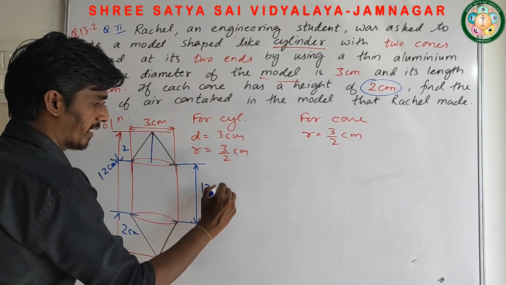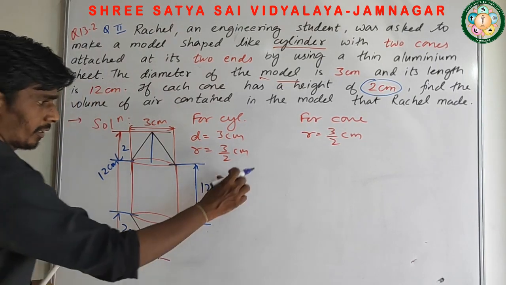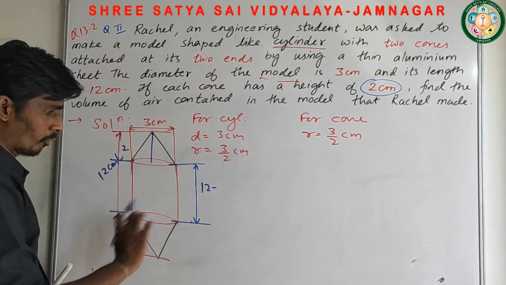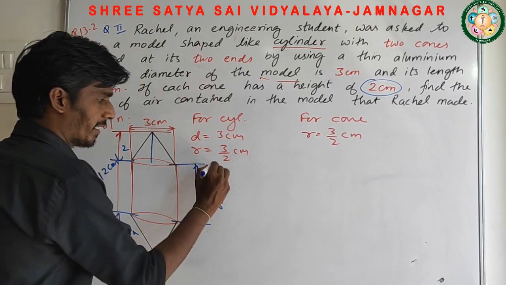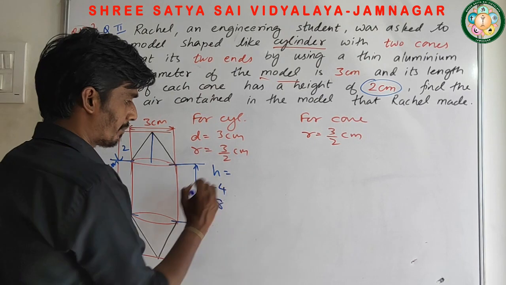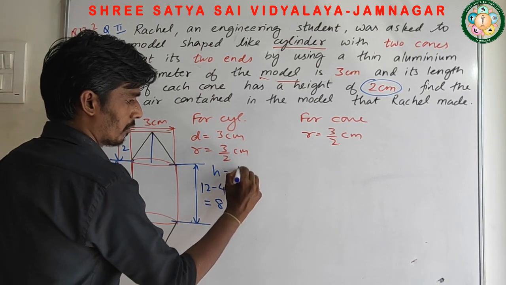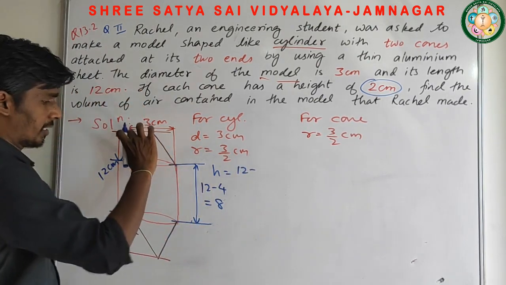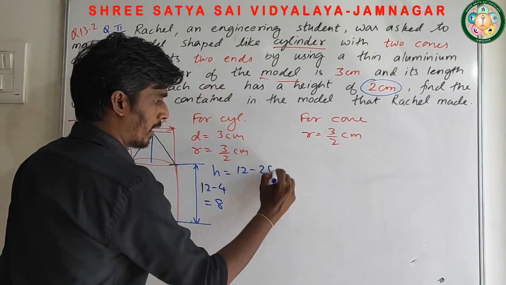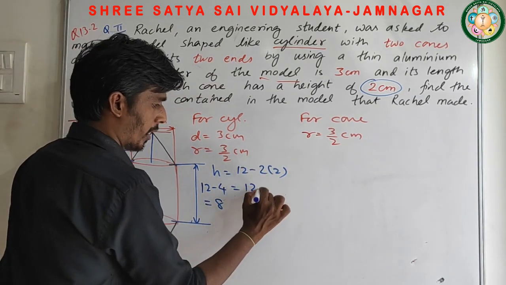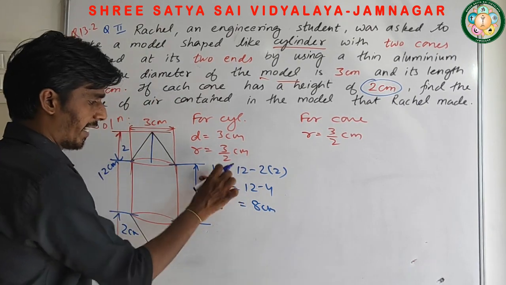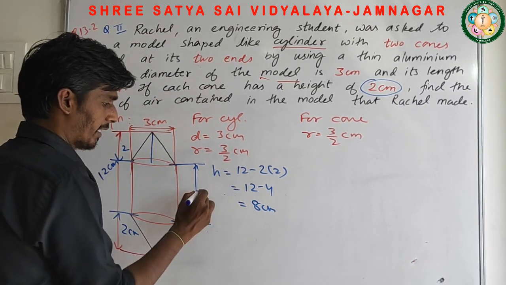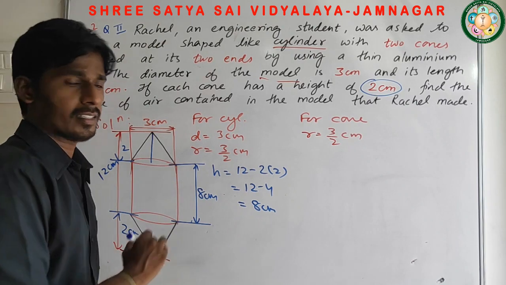It's 12 minus 2 plus 2, 4. So I can write here, height of cylinder equals 12 minus, this is 2 and this is 2, so 2 times 2. It's 12 minus 4, 8 centimeter. So this is the height of the cylinder, that is 8 centimeter.